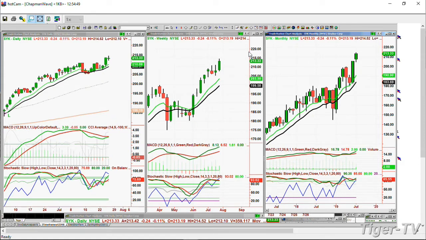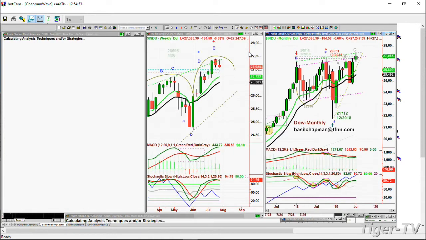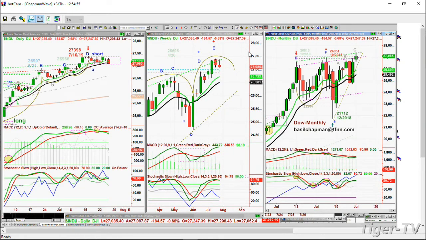Okay, let me just review now. The Dow is trading down 170, 184 at this point. This is starting to move out of that rectangle formation. Remember, we're still quite heavily long from the June 3rd low, and what I see, we're not going to change that position. We take some profits off. We want to try to keep that, because I don't see us going down to the June 3rd low at this particular point.